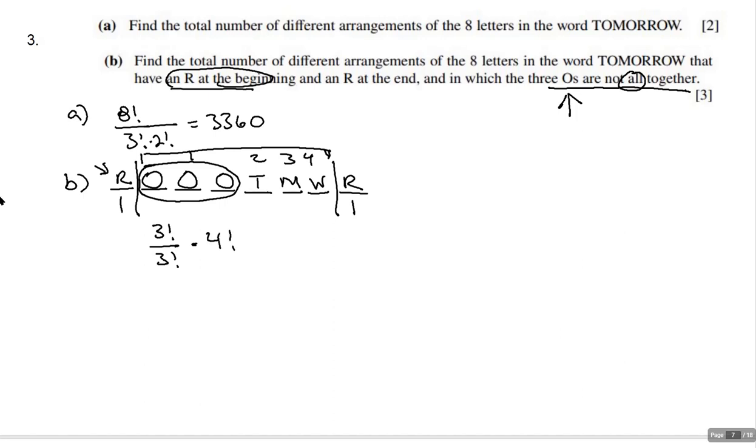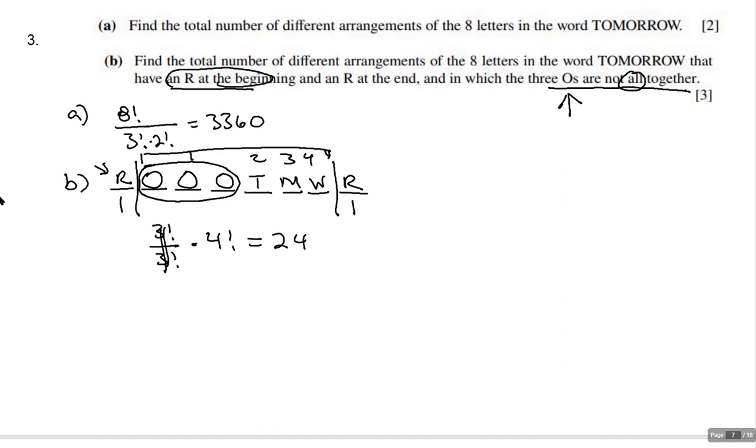Just 4 factorial, right? And this is going to be 1. So what's 4 factorial equal to? 24. Right, it's 24.